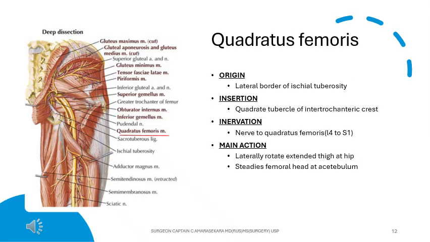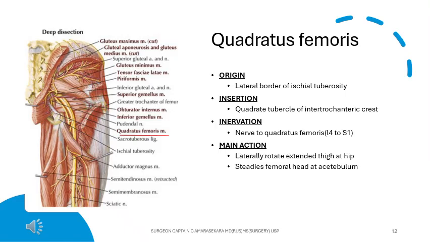Let's now complete our tour of the deep lateral rotators of the hip with the quadratus femoris, a short, flat muscle that lies just inferior to the gemelli group and obturator internus. Though compact, it has a key role in stabilizing the hip and controlling rotational movements.